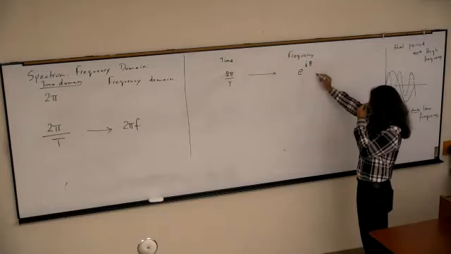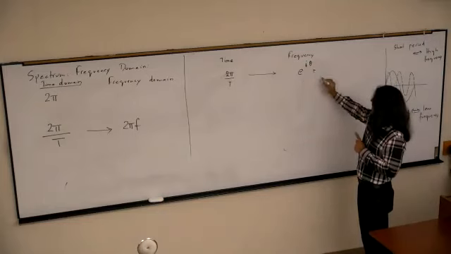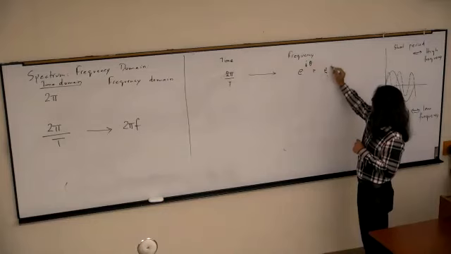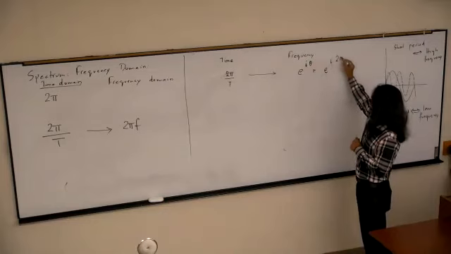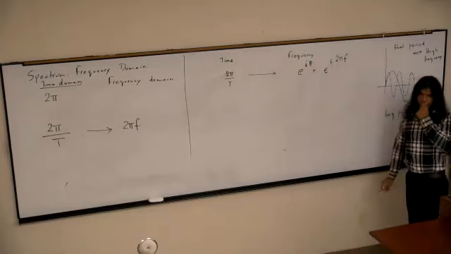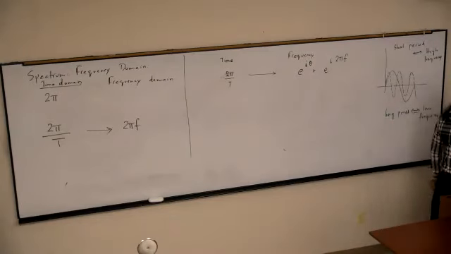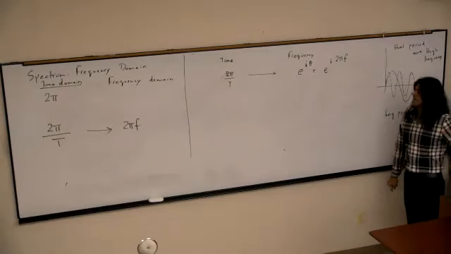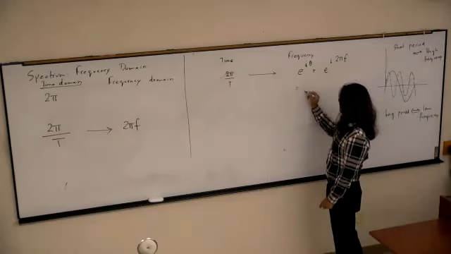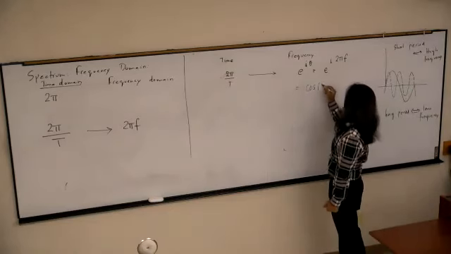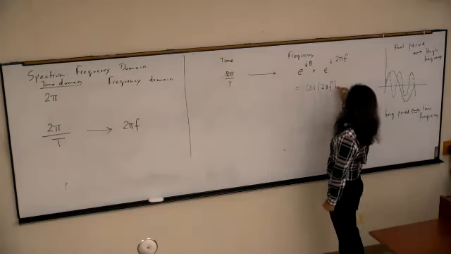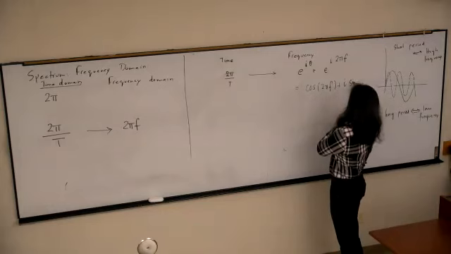I'll use plus for now. The theta part would simply become 2 pi f because we are in the frequency domain. And this is simply cosine 2 pi f plus i sine 2 pi f.